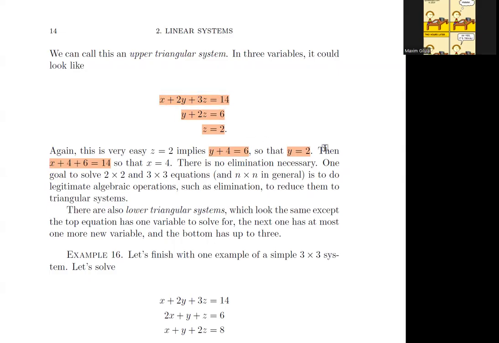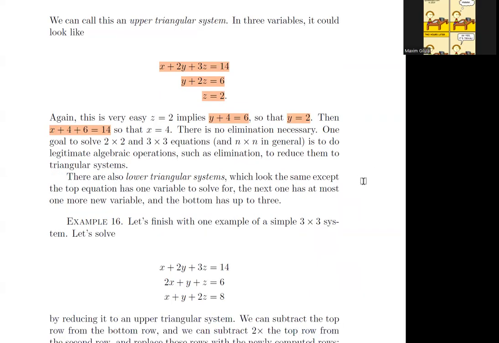So one goal to solve these equations is to do some algebraic operations, such as elimination, to reduce them to triangular systems. So having the goal in mind of reducing to a triangular system is a common one in solving systems of equations, especially for some tools in linear algebra. So this is called upper triangular.